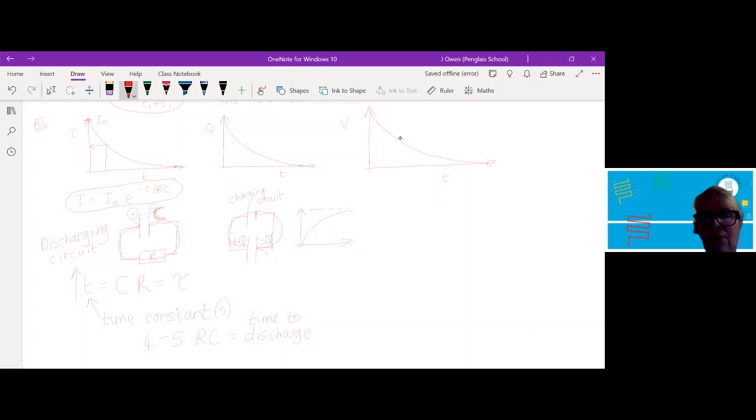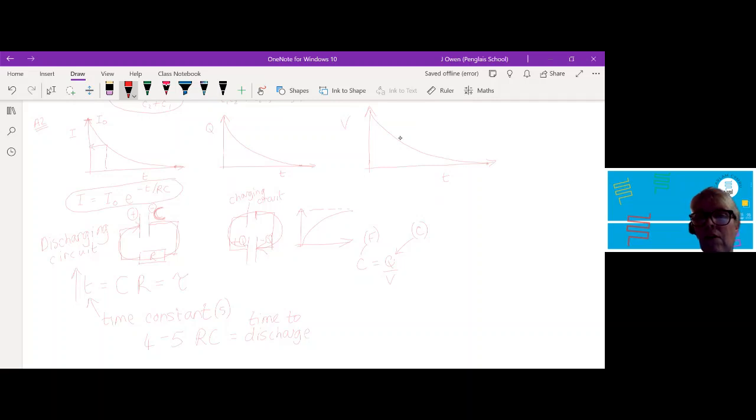Now, capacitance is equal to charge divided by voltage, but charge is given in coulombs. This is why I always put units in brackets, because you can see that capacitance in farads is going to be confused with charge stored in coulombs.